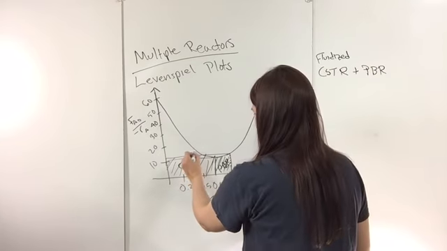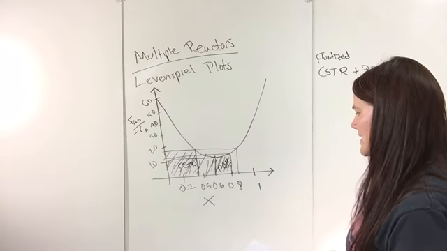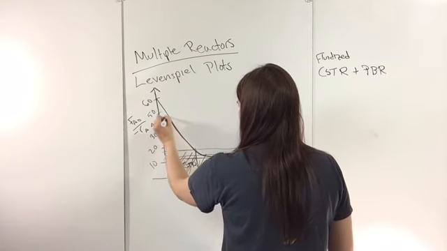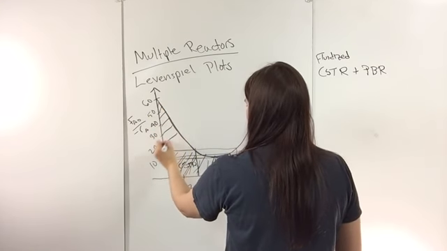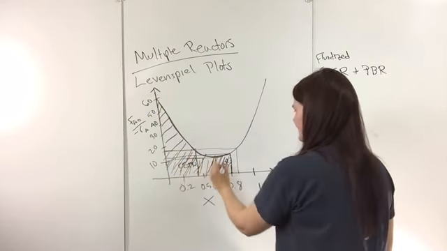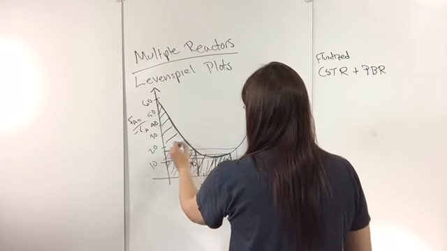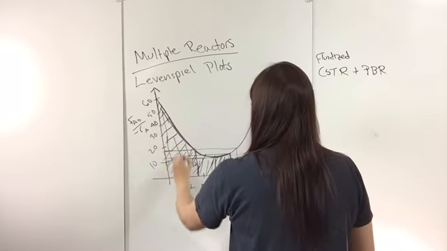So for a CSTR it's just the area. You just pick off what your conversion is. So say your conversion's out here, go up to the curve and then over. And then the PBR weight to achieve 80%. That would be this entire area, because it would be the entire area under the curve. And then the PBR weight to achieve 40%, that's the same thing, just this area under the curve, so this.